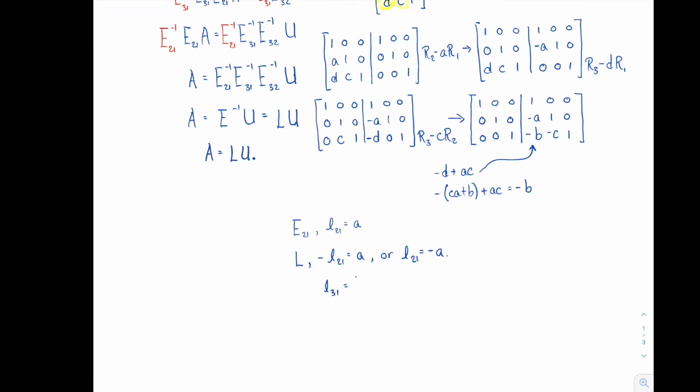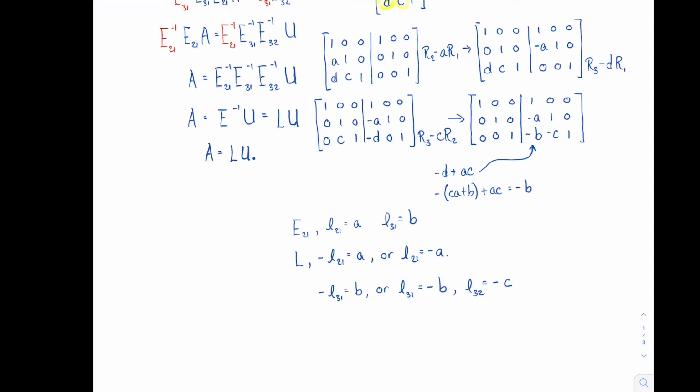Notice that we started with L31 equals B, but now, for the inverse matrix, we have minus L31 equals B, or L31 is minus B. And look, the 3-2 position is now minus C. And it's that simple.